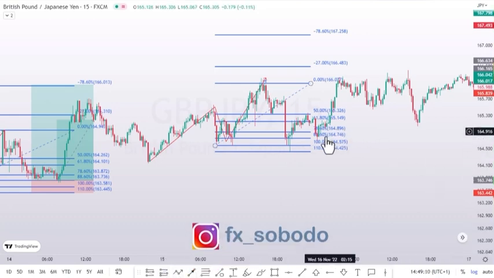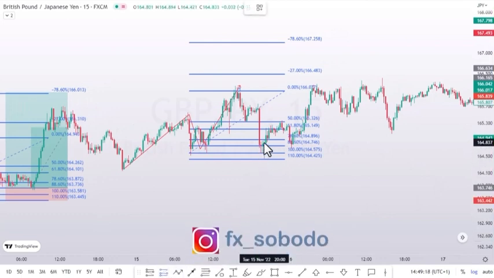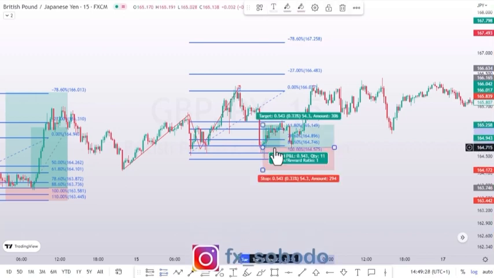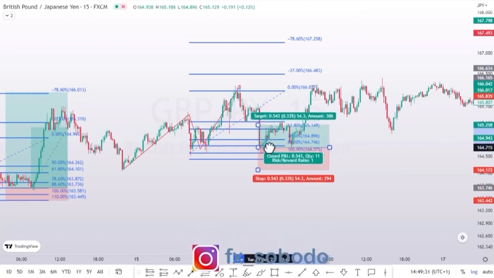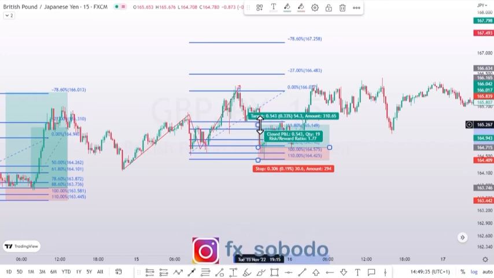That's why you always make sure here, if we would have entered this trade, let's say for example here we saw this shooting star, spinning top, and then we enter right from there, and our stop loss at that level as usual.